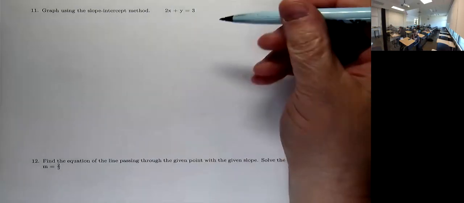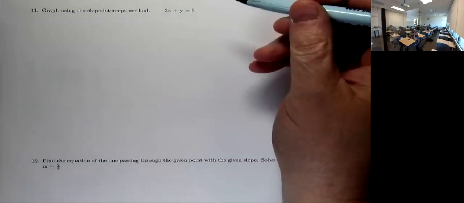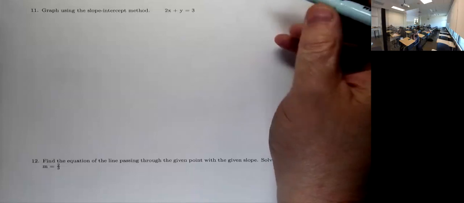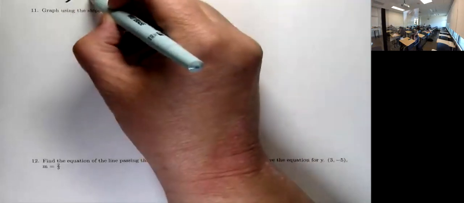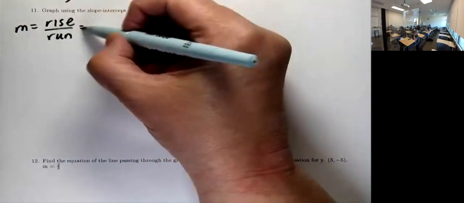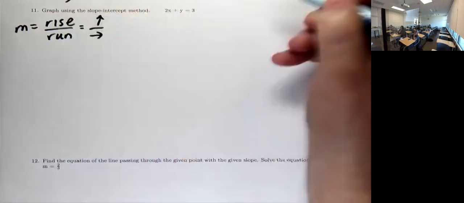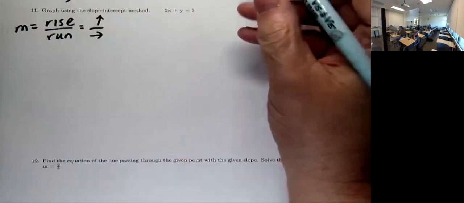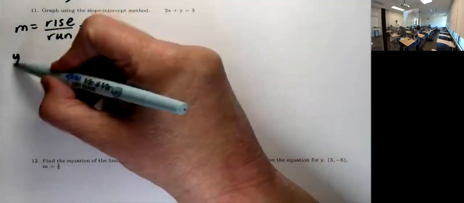All right, we are going to graph using the slope intercept method. Slope intercept method is the y equals mx plus b. M, that's rise over run, that up over right stuff. And b, remember, gives us a point.